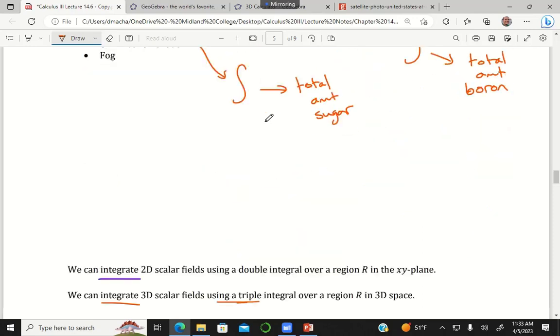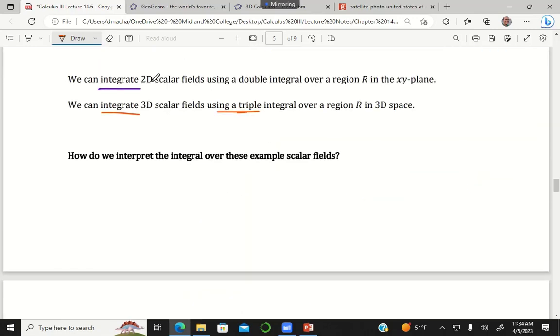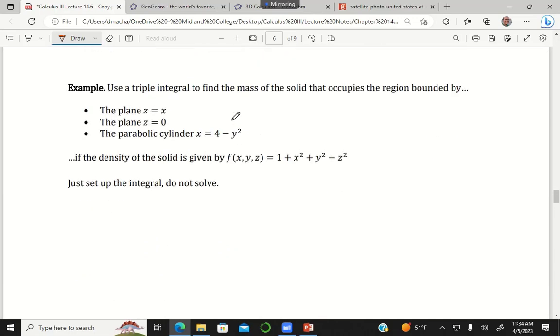So these triple integrals have physical interpretations that we can assign to them. So let's see how many examples we can do.